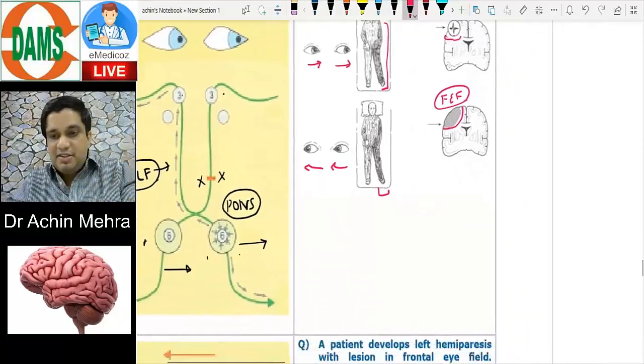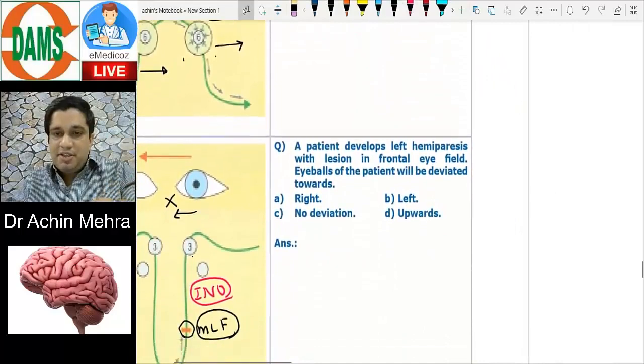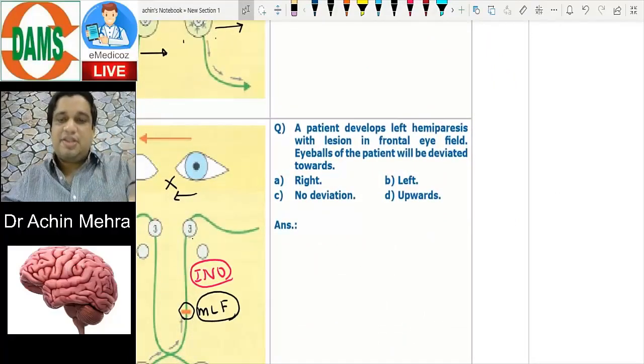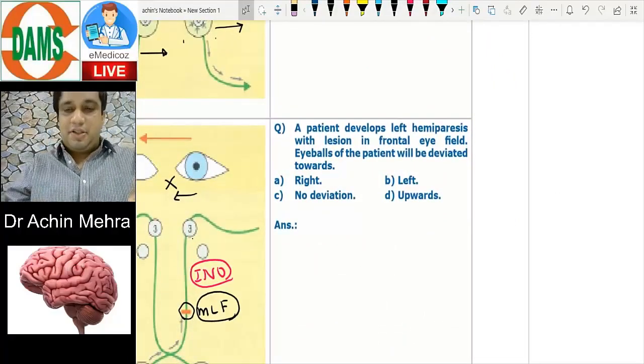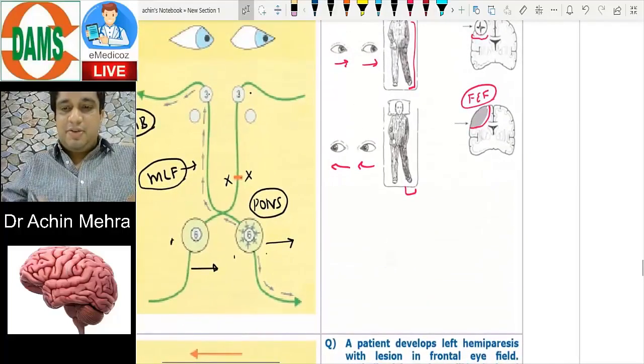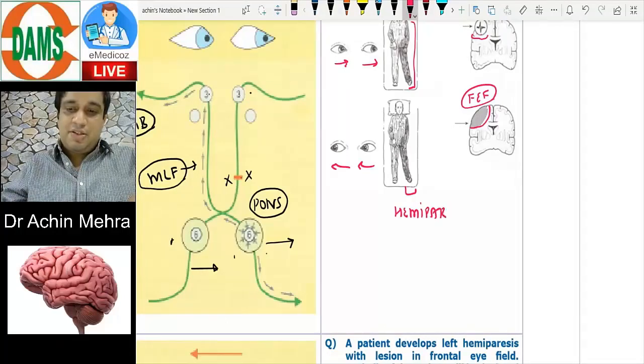Let me connect this image with a very simple question. Patient develops left hemiparesis with a lesion in the frontal eye field. Look at this again. Hemiparesis as a disorder often happens due to a destructive lesion in the cortex, like an infarction.